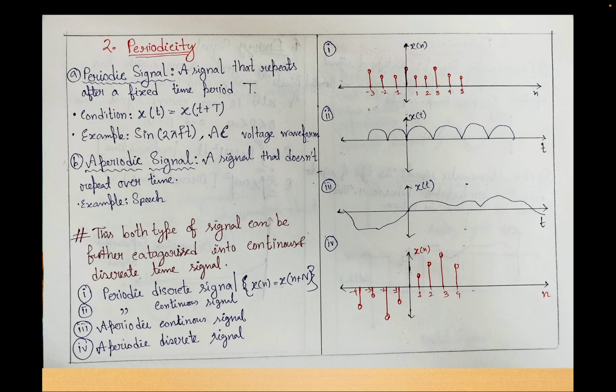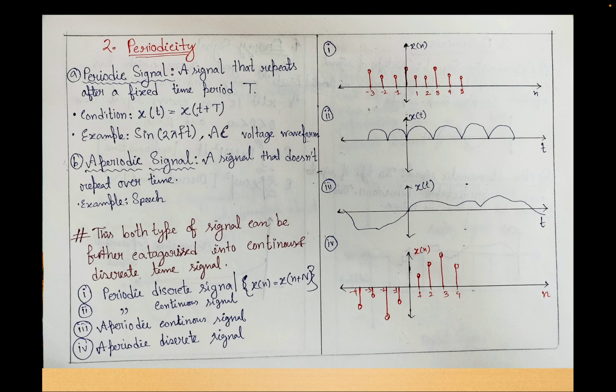Now, periodicity. Periodic signal: a signal that repeats after a fixed time period is called a periodic signal. Let's assume the time period is capital T. So, if the signal is a function of t, then x(t) equals x(t plus T), where T is the time period.